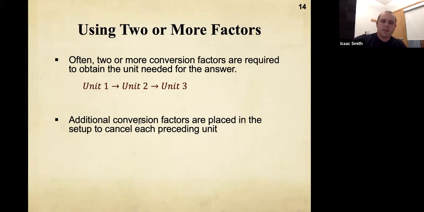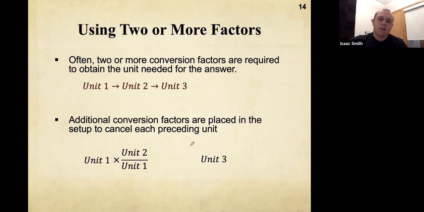Additional conversion factors are placed in the setup to cancel each preceding unit. So let's say you need to go from unit 1 to unit 3, and you're going to have to pass through a unit 2 in order to get there. You're going to convert unit 1 to unit 2 using this conversion, and then you'll convert unit 2 to unit 3 using another conversion, which gives you the answer in unit 3.